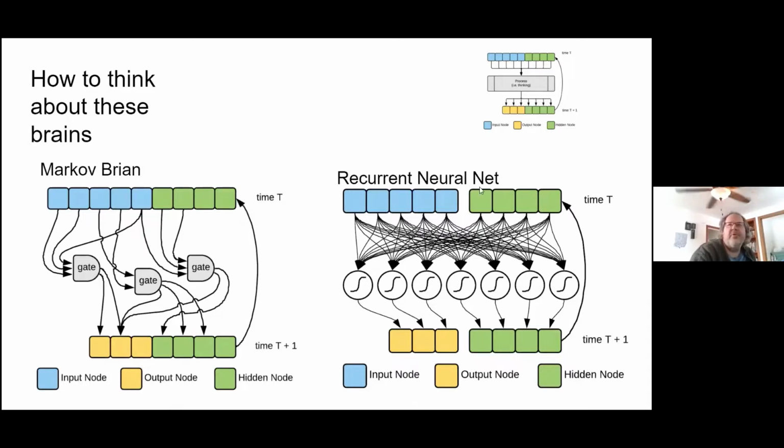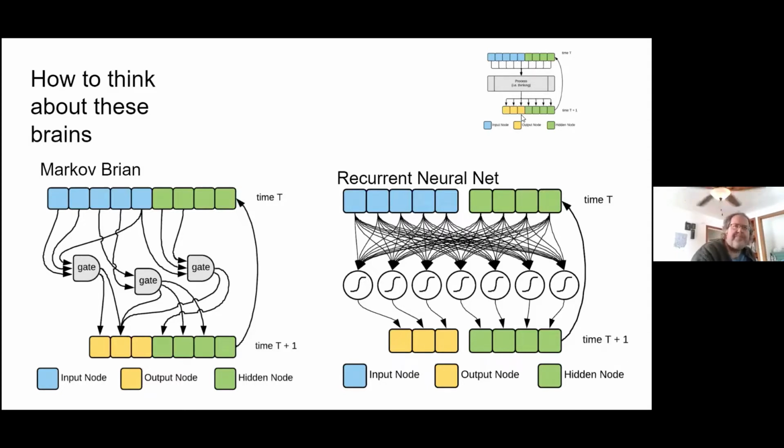Here's a recurrent neural net, and its thinking is these sigmoid gates. It's fully connected, and the data flows through these sigmoid gates. But essentially, if I abstract away the guts, they're all just these very simple things: input through process to output.